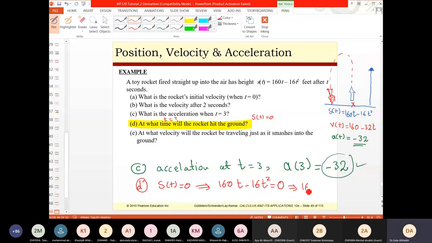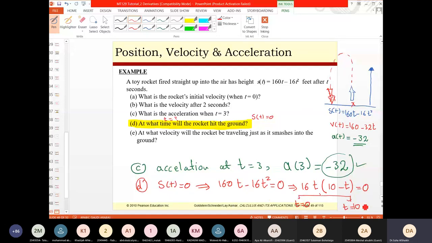We remain with 10 minus t equal to 0. Right? So this will lead me to two things: either 16t equals 0, which means t is 0, or 10 minus t equals 0, which means t is equal to 10 here.